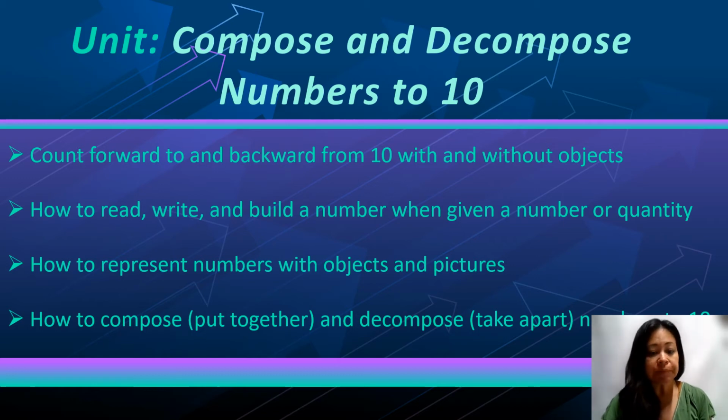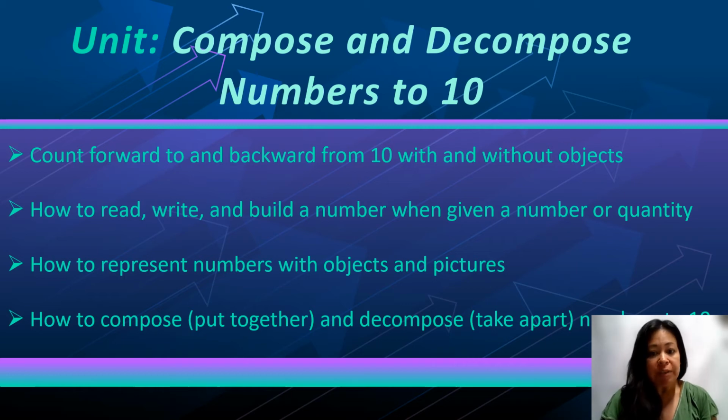Students will also learn how to read, write, and build a number when given a number or a specific quantity. So if I ask, can you show me the number 7, they would be able to write it as well as build it and show it with tools, or they could draw a picture.